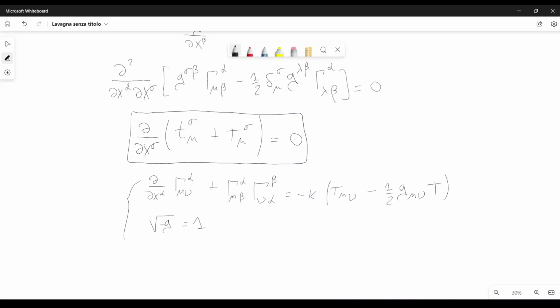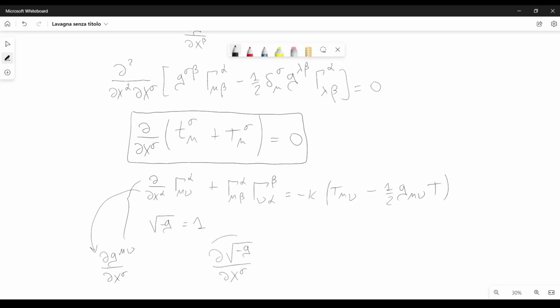We have already written this equation earlier, but now let's consider multiplying this first equation by the derivative of g mu nu with respect to x sigma. Now notice that when we multiply both sides of this equation, especially this term here, we will have g mu nu, which multiplies this derivative g mu nu with respect to x sigma. But this term here multiplied by this derivative will be proportional to the derivative of the square root of minus g with respect to x sigma.